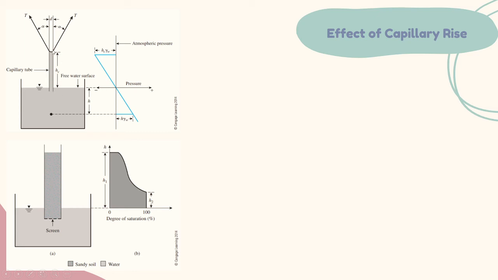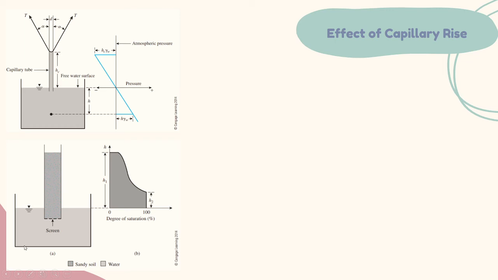Inside the tube, the water level will increase at some point. So let's say the height H sub C, and this is our capillary rise. And if you will graph the pressure, you will arrive with this diagram.